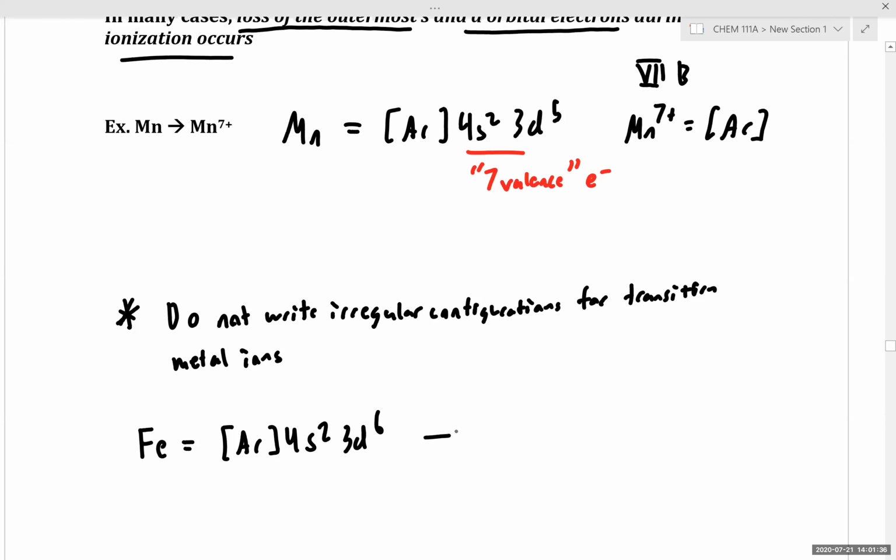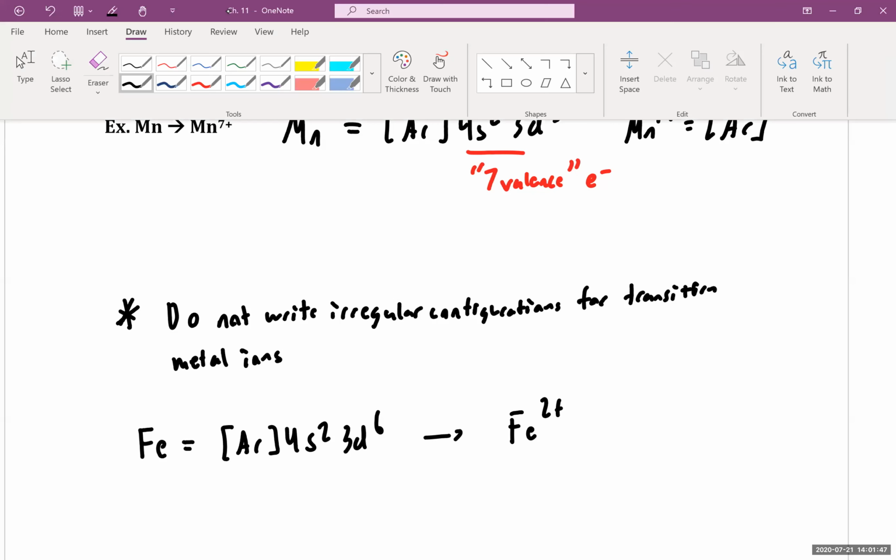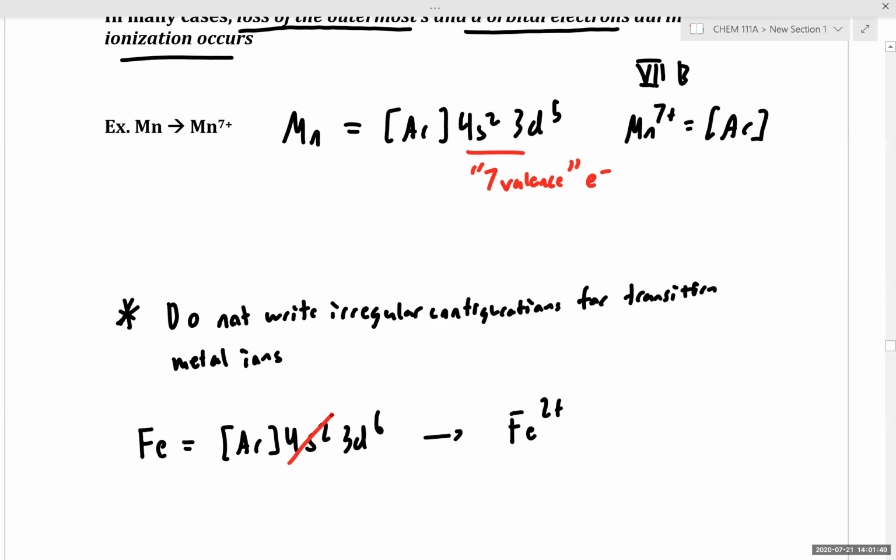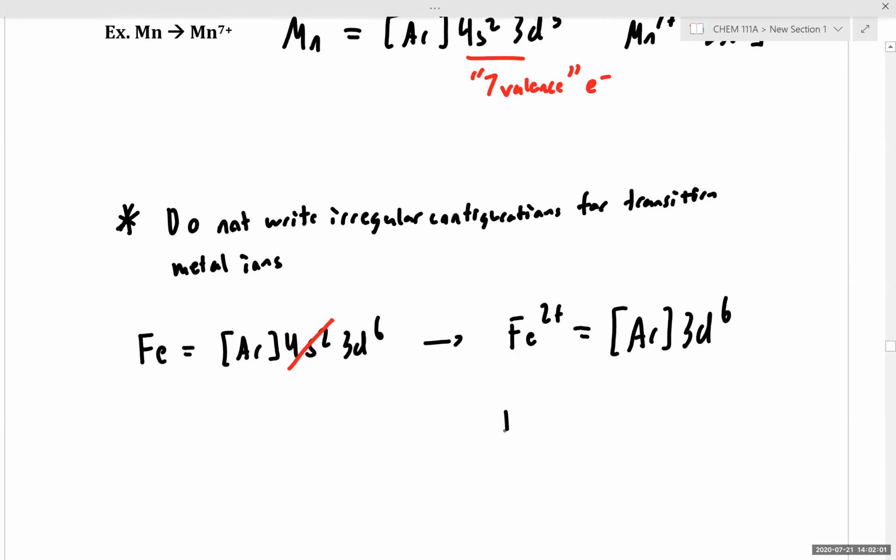During ionization to generate iron 3+, oh sorry, let's look at iron 2+. If we're ionizing to generate iron 2+, we would just lose our s orbital electrons, our highest energy, most accessible electrons, to give us the configuration of argon 3d6.